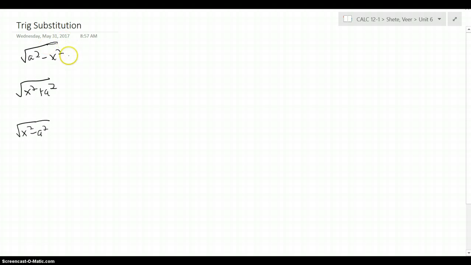So in the case of a squared minus x squared, for our trigonometric substitution, our x value will equal a sine theta.